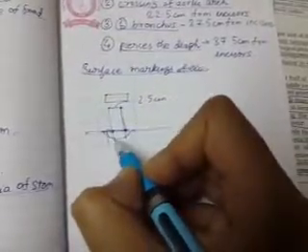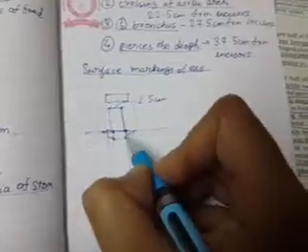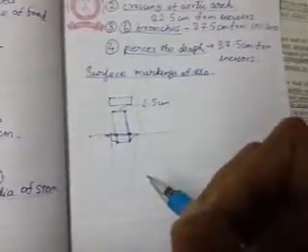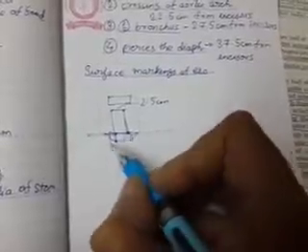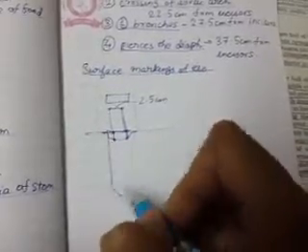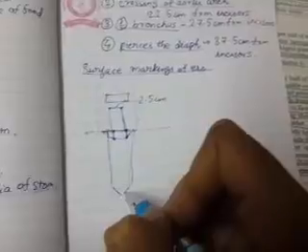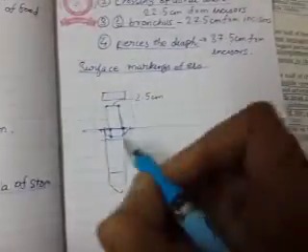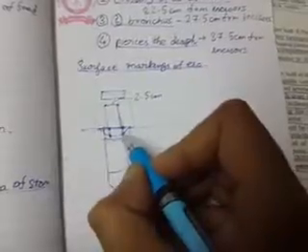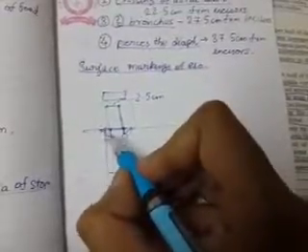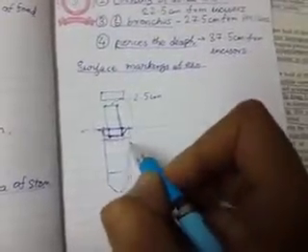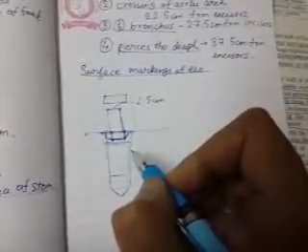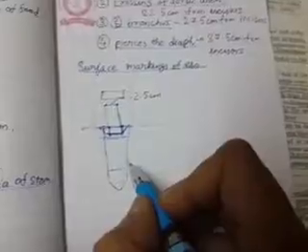Because remember one thing, the esophagus is always posterior to the sternum. And 2 points 2.5 centimeter apart at the left 7th costal cartilage.